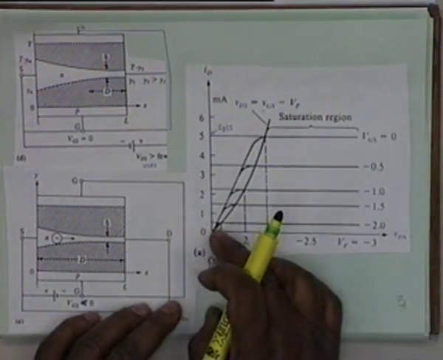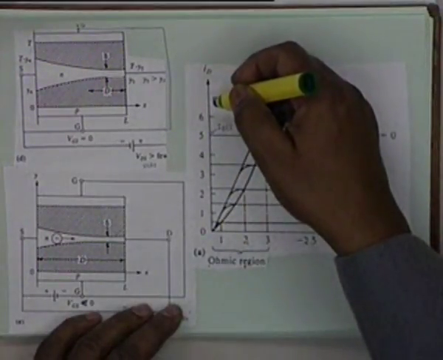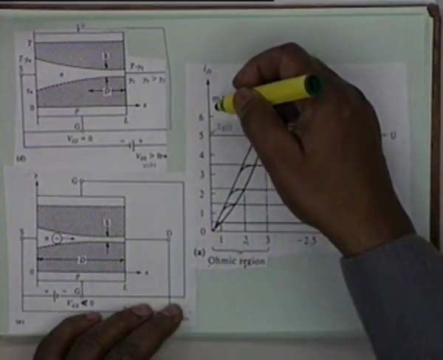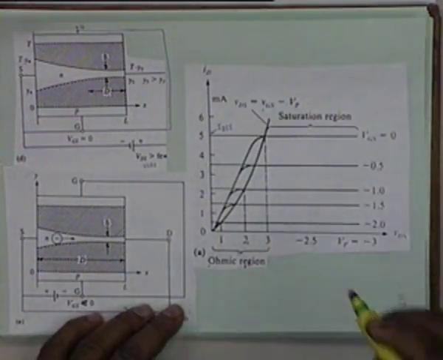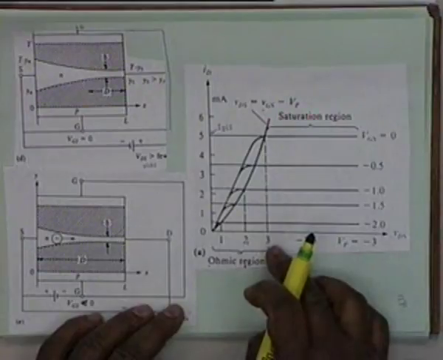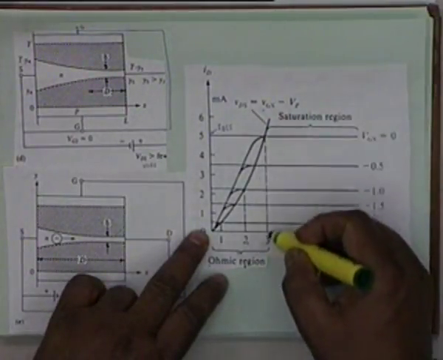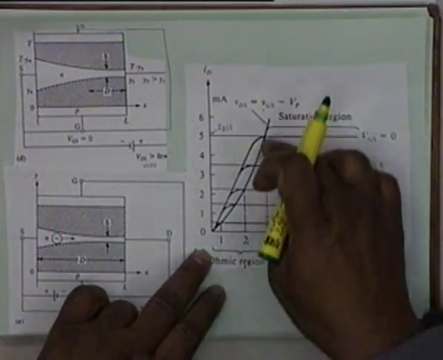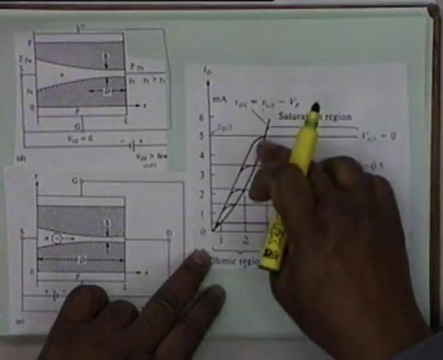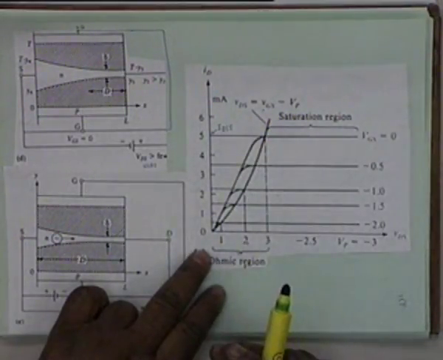The slope here is less, whereas in a BJT it was almost vertical at VCE sat equal to 0.2 volt for silicon, whereas here it goes right up to 3 volts, and this voltage obviously is the pinch off voltage. In this region VDS is less than VGS minus VP.